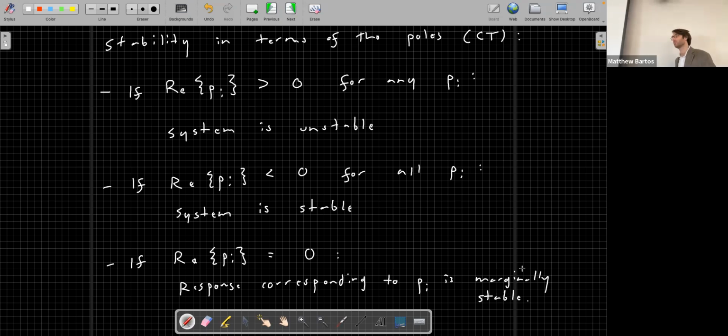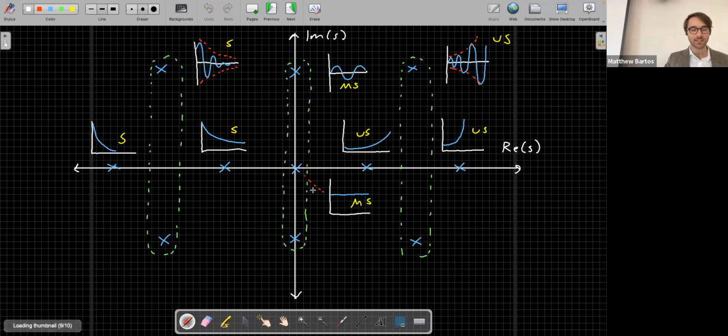However, it's also possible for the system to be unstable if the poles are on the imaginary axis, even without the special input that drives it to infinity. So let's take a look back at our figure here. There's a couple cases here that we've neglected.